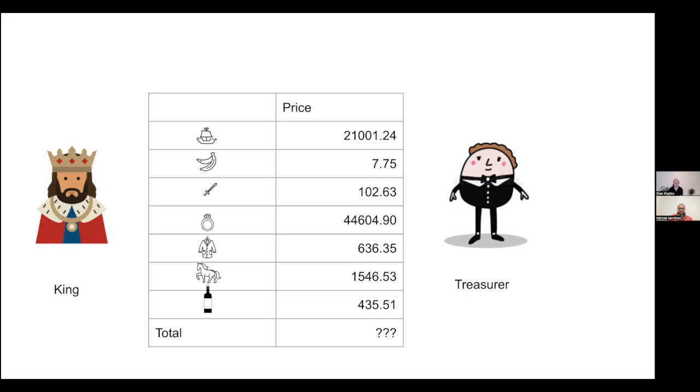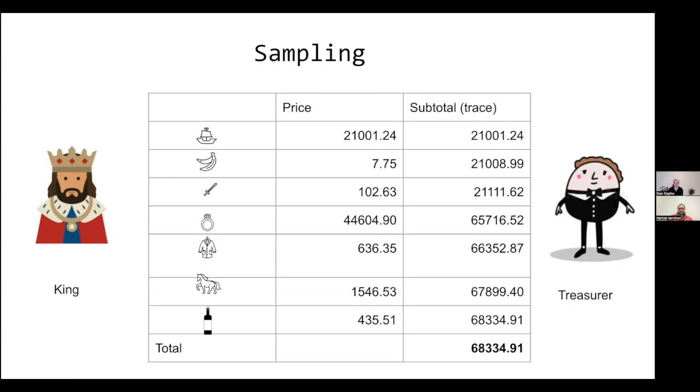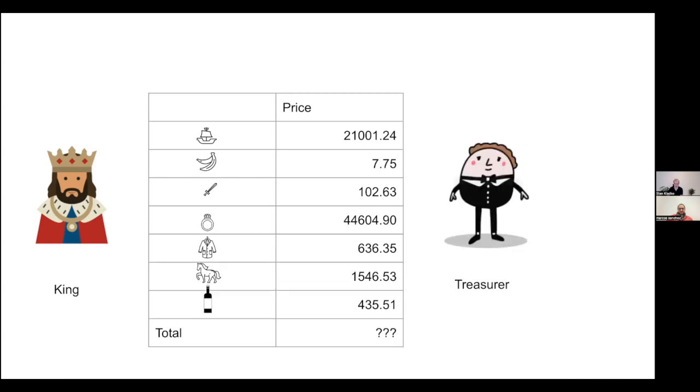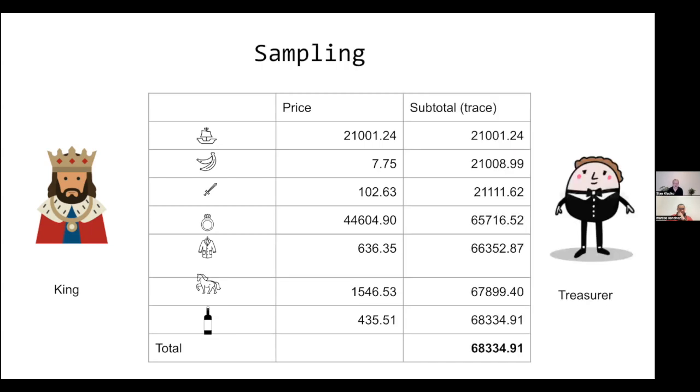So what the king does is basically tell the treasurer, okay, here's the list. Compute the result, but also provide me not just the result, but something which lay people call subtotal, but it's actually a super important term.